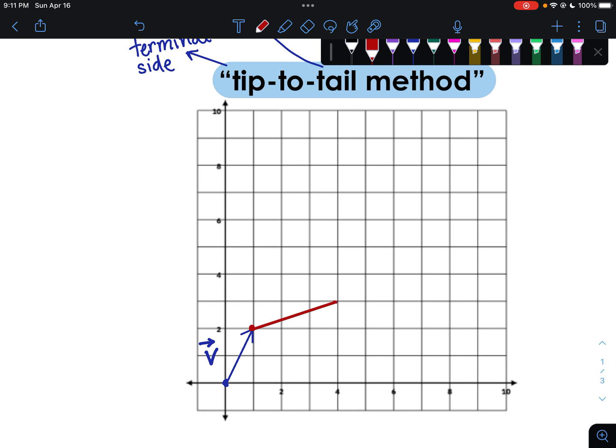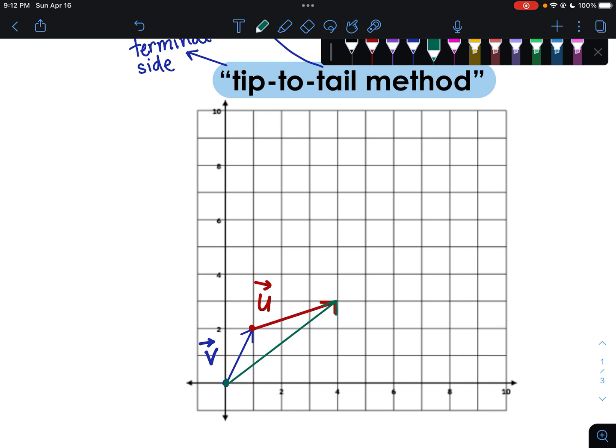So if you notice, that's vector u right there. What I want you to see is that if I go from the tail of vector v to the tip of vector u, it makes a new vector.